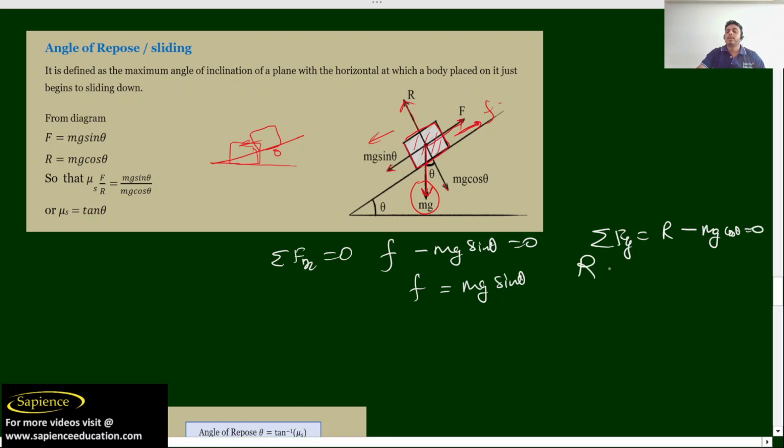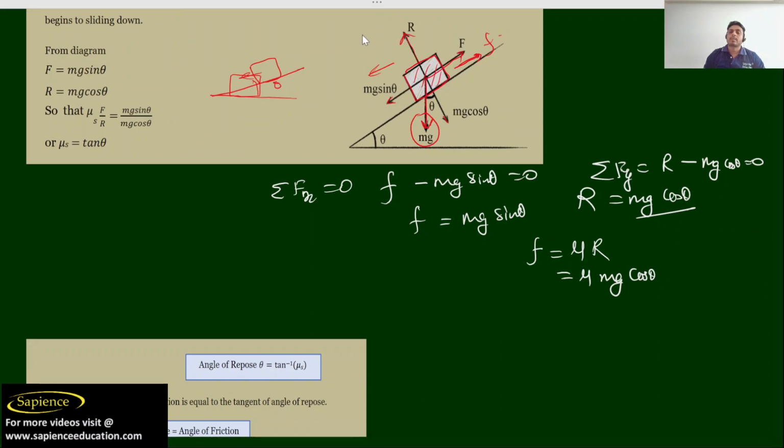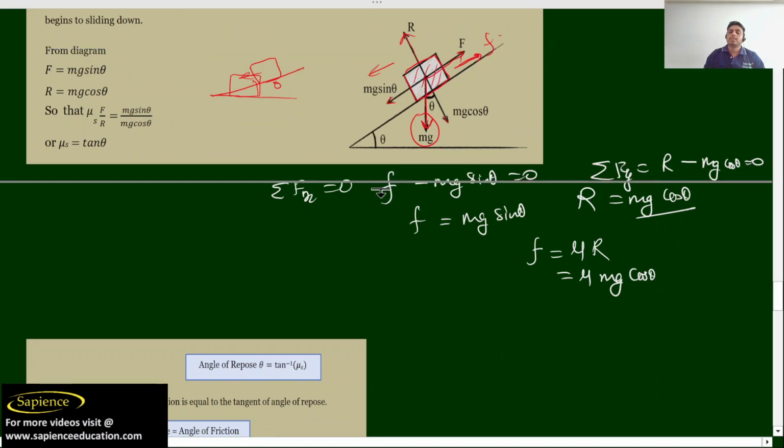From here we have got R is equal to mg cos theta. Now, as we know that frictional force is equal to mu into reaction force, we can write friction force is equal to mu into mg cos theta. Why mg cos theta? Because we have got the value of R here, which is mg cos theta.